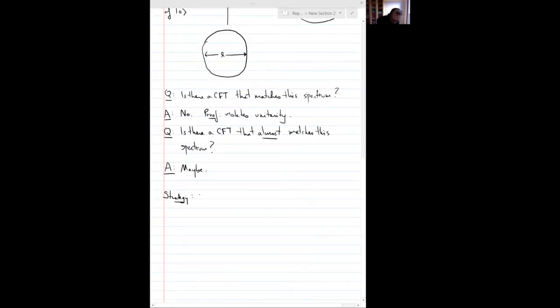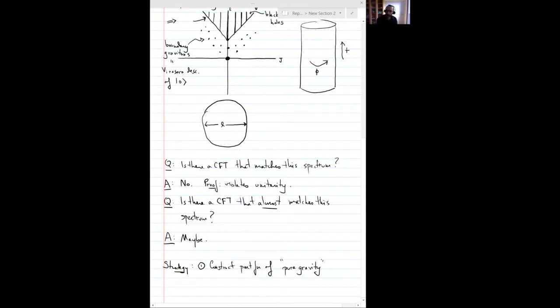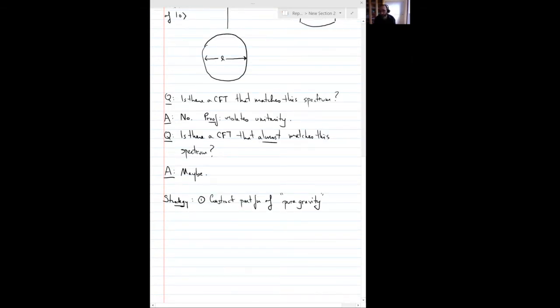So what is my strategy going to be? My strategy is that I'm going to construct the partition function of this pure theory of gravity. What I mean by pure gravity is the theory described up above, where we have no degrees of freedom aside from the metric. So using our best understanding of what we mean by quantum gravity, I'll try to construct the exact quantum mechanical partition function of this theory of pure gravity.